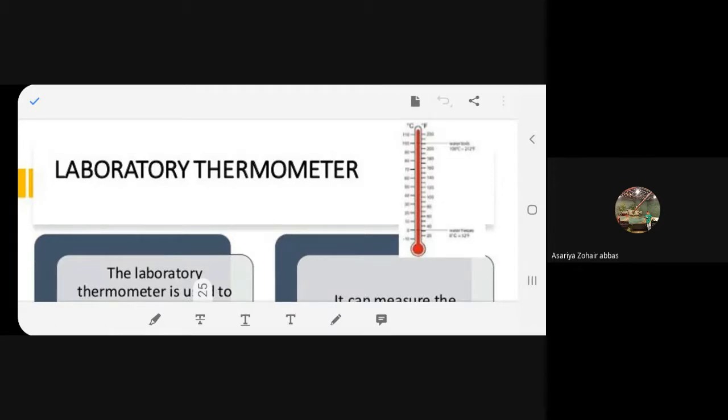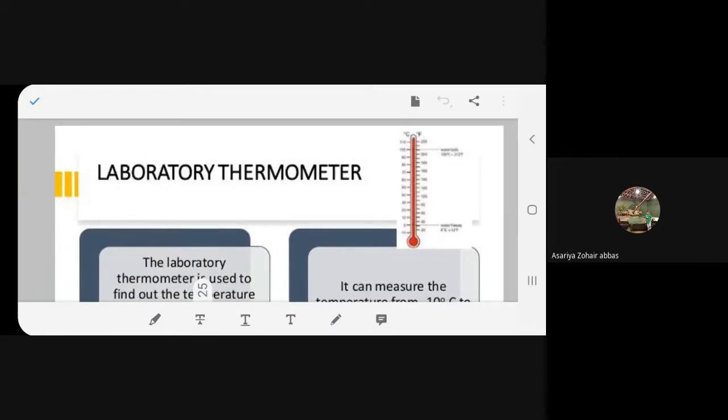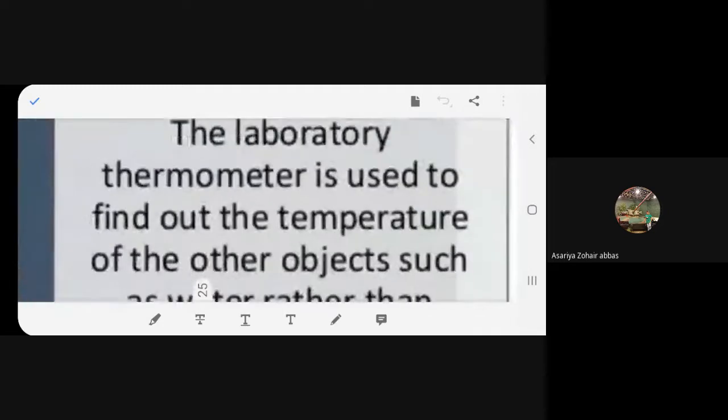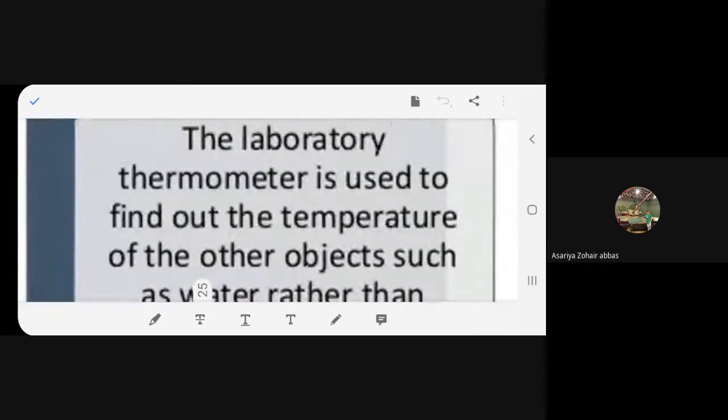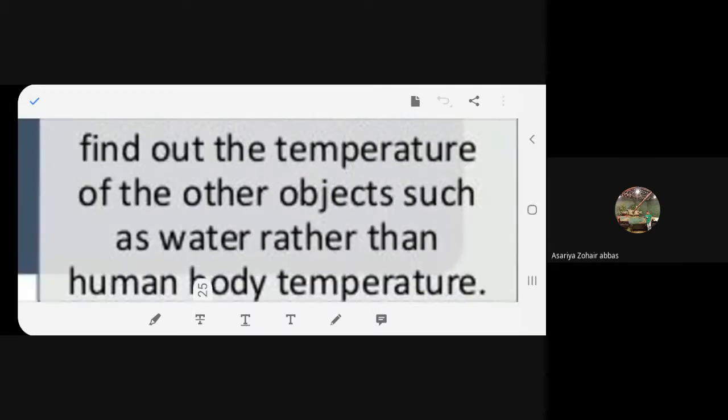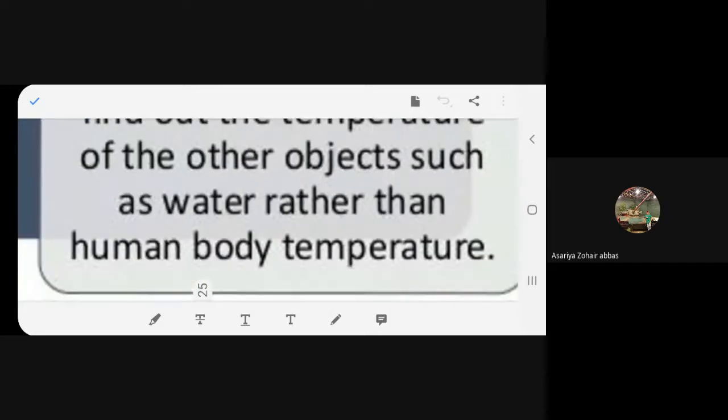Let's see the laboratory thermometer once again. Please, one of you start reading. The laboratory thermometer is used to find out the temperature of other objects such as water, rather than human body temperature.